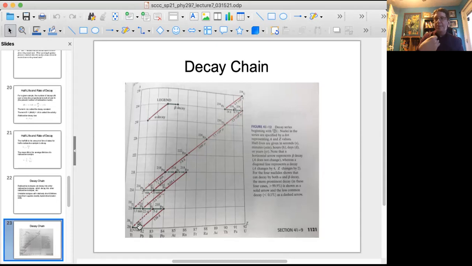So uranium will eventually decay into lead, and you can see that some of the half-lives are very, very long. The half-life of uranium-238 is 4.5 times 10 to the 9 years, 4.5 billion years.